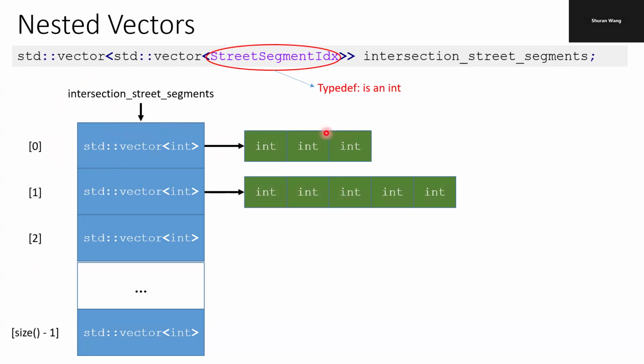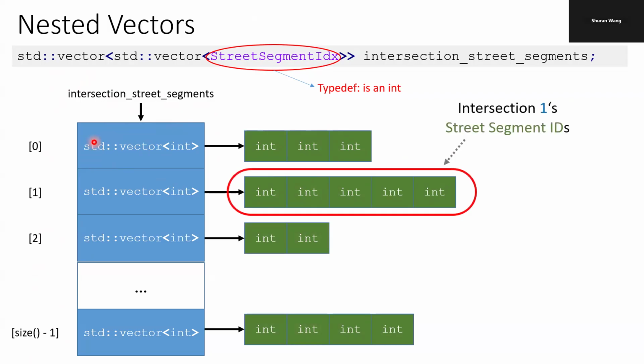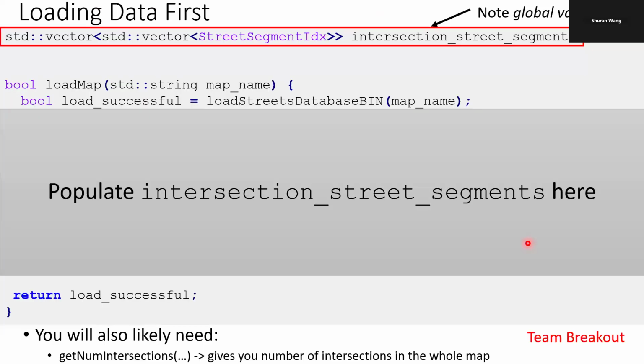This should store the street segment IDs connected to each of the intersections. So if you want to access intersection 1's street segment IDs, just access intersection street segments square bracket 1. And that's a single memory access.